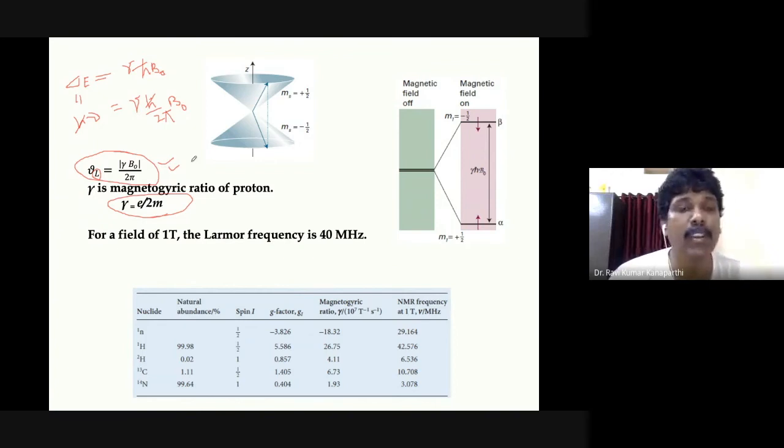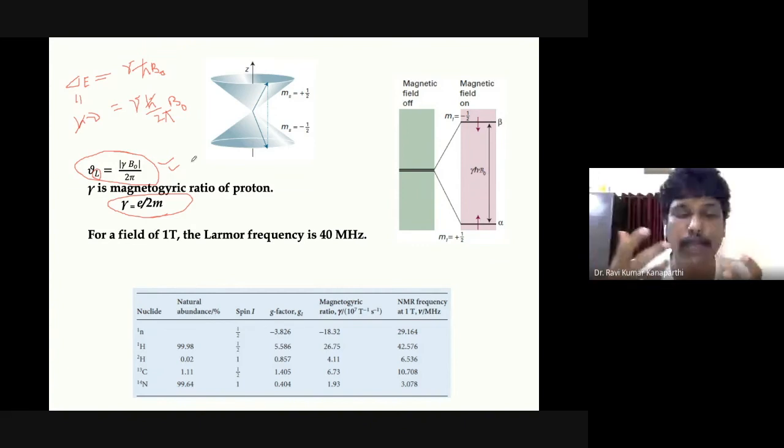Take ethanol. In the ethanol molecule, you have a proton in CH3, a proton in CH2, and a proton in OH. All these protons are not the same. They are different. We represent them only with H, but their chemical environment is different. Therefore, their precessional frequencies will be different. We'll come to that point later.